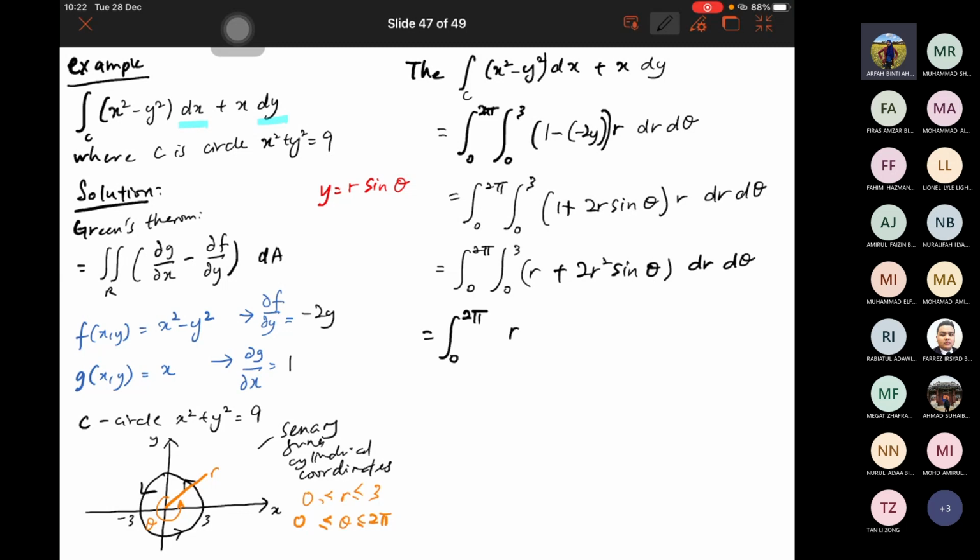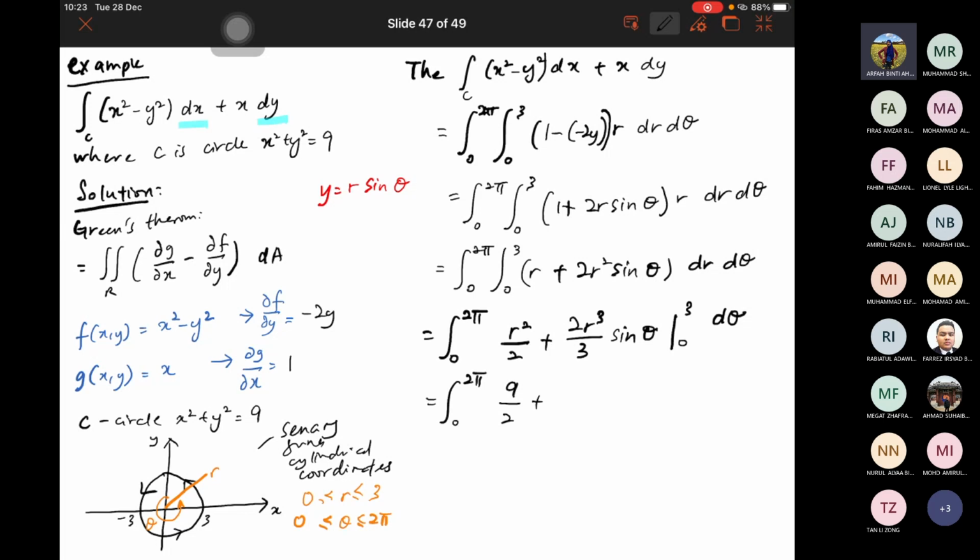0 to 2 pi R kuasa 2 per 2 tambah 2R kuasa 3 per 3 sin theta 0 to 3 d theta. Okay. Sama dengan 0 kepada 2 pi 9 per 2 tambah 3 kali 3, 9 kali 3, 27 kali 2, 54 bahagi 3. 3 kali 1, 3, 18.